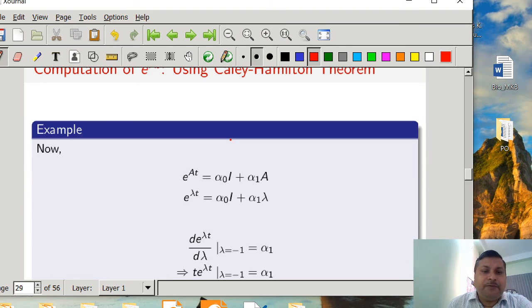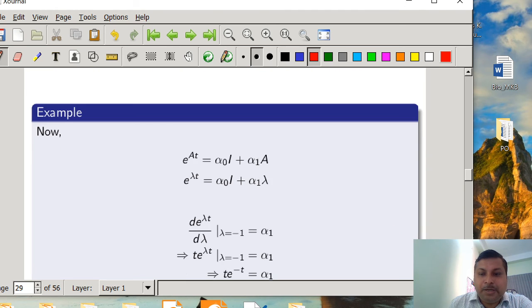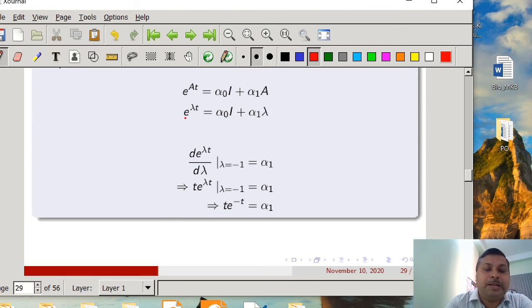If you have e to the power lambda t equal to alpha 0 plus alpha 1 lambda, and you find that you have repeated poles, then you differentiate the expression of e to the power lambda t once with respect to lambda, and compute this derivative at the eigenvalue, that is minus 1.